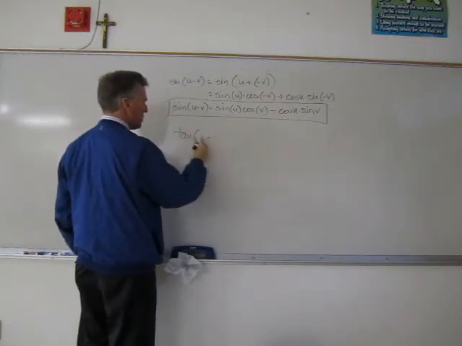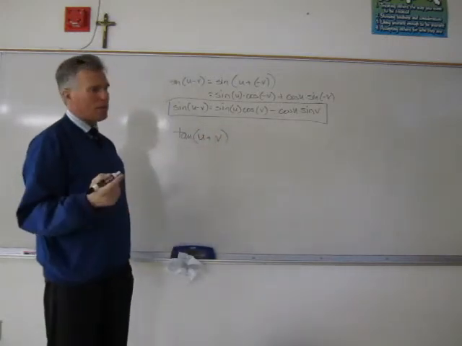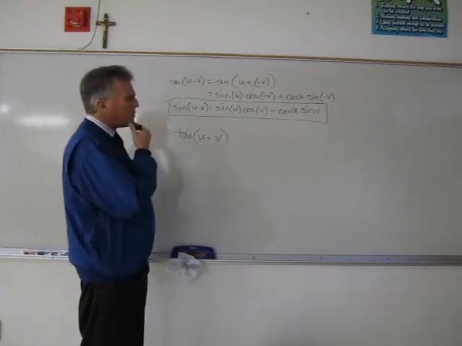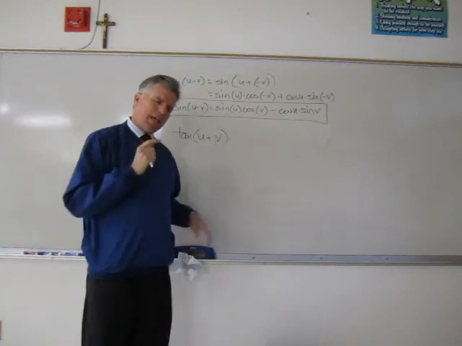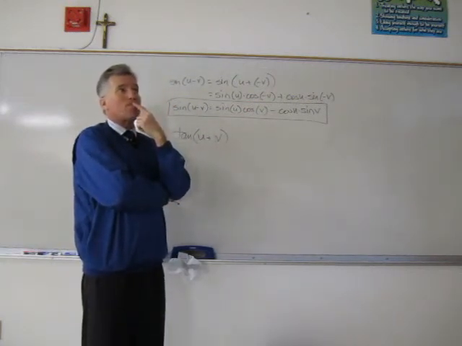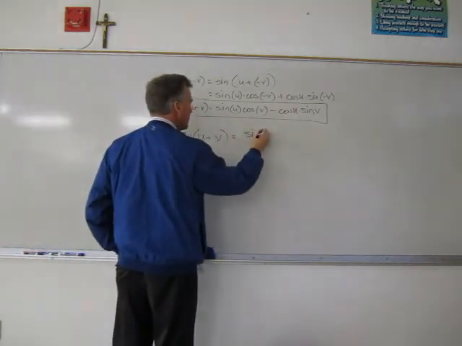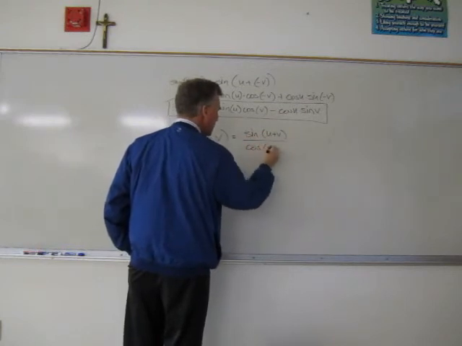Since we've been sticking with u and v, we don't want to get burned. That's why I should have used SPF, but I didn't. So, tangent of u plus v. Going back to our fundamental identities, is it possible to rewrite tangent in terms of sine and cosine? Ah, yes! I remember. I can write this as sine of u plus v over cosine of u plus v.